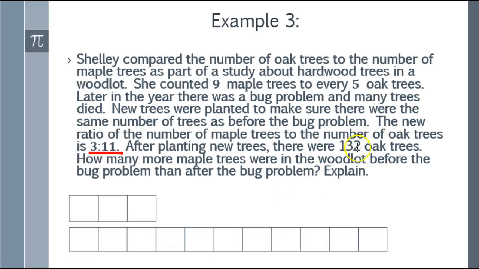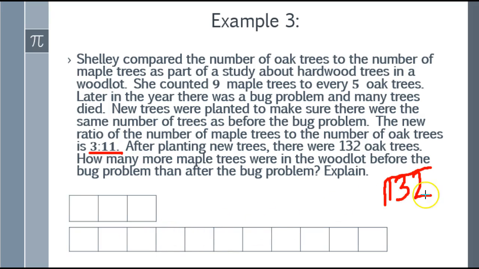In my problem, it tells me that after the bug problem, there were 132 oak trees. I want to get down to how much each piece of my tape represents.